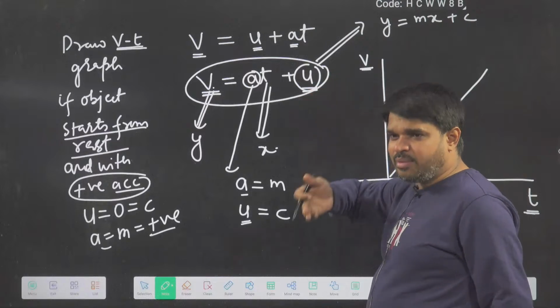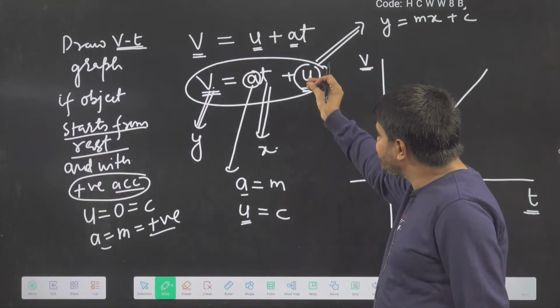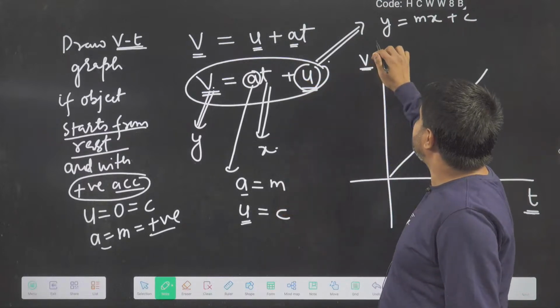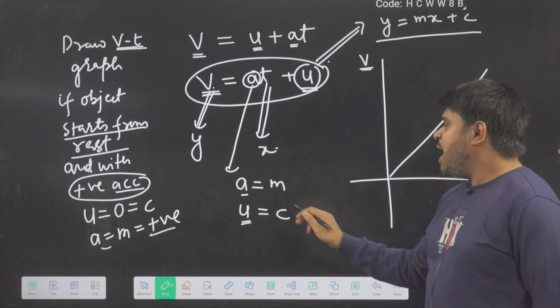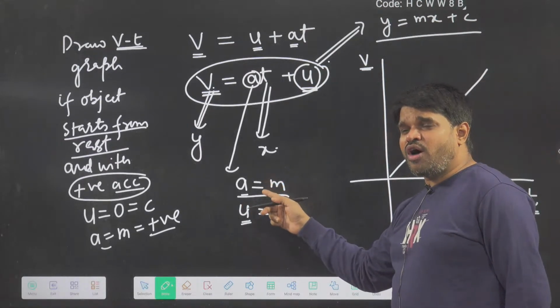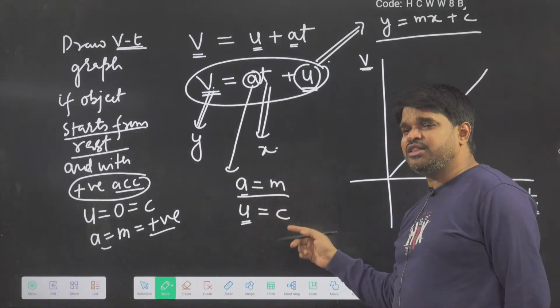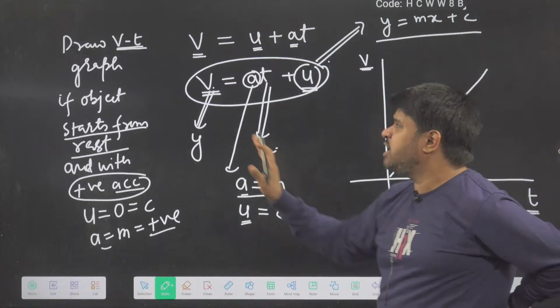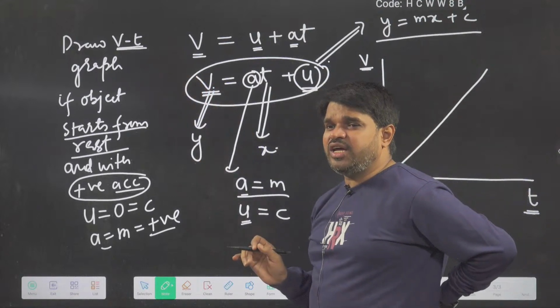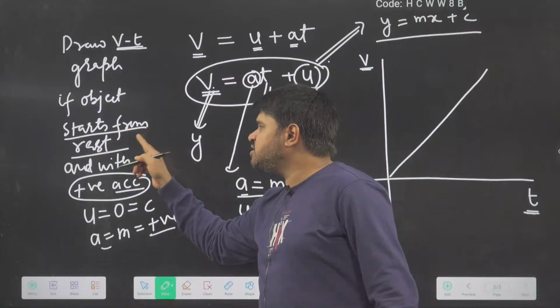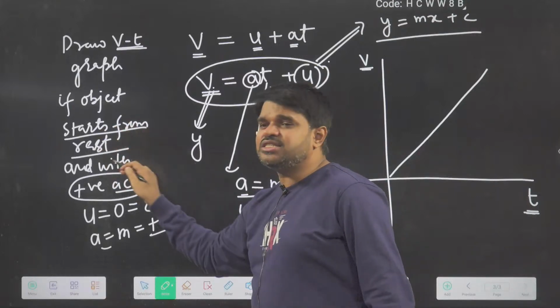And initial velocity u, I'm explaining it again, becomes C. If I compare now, acceleration is playing the role of slope, and initial velocity is playing the role of C. The question is, draw the VT graph if the object starts from rest.